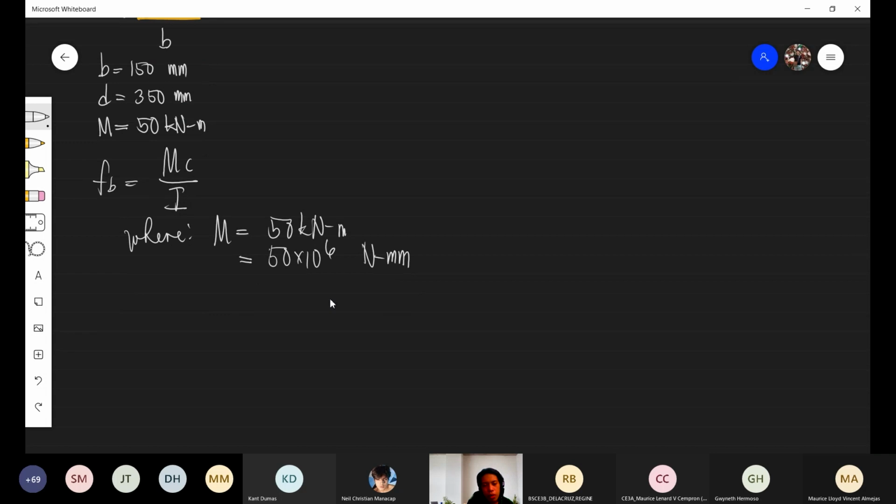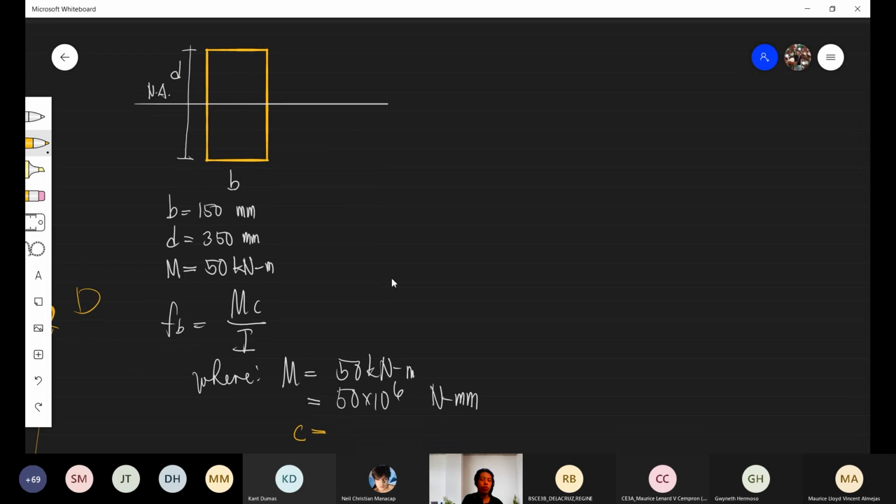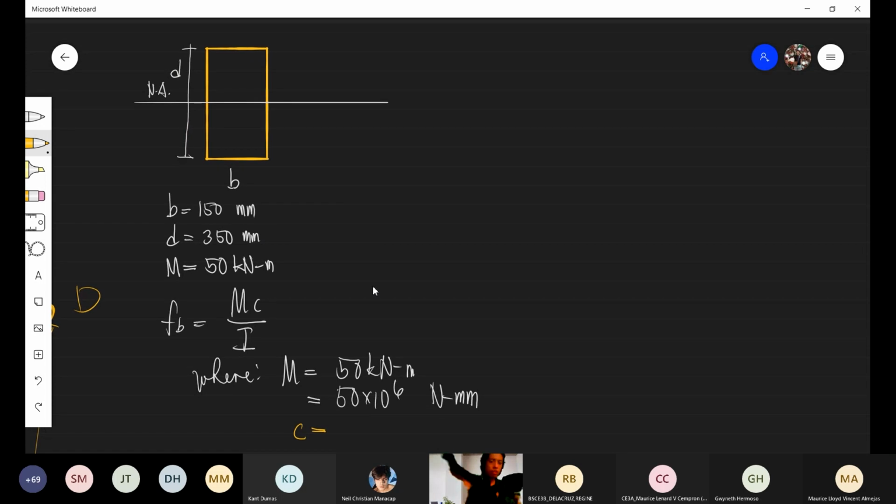Okay. How about the value of C? What's your value for C? Anyone? We are looking for the maximum flexural stress. What do you think is the value of C? 175, 350 over 2, sir.